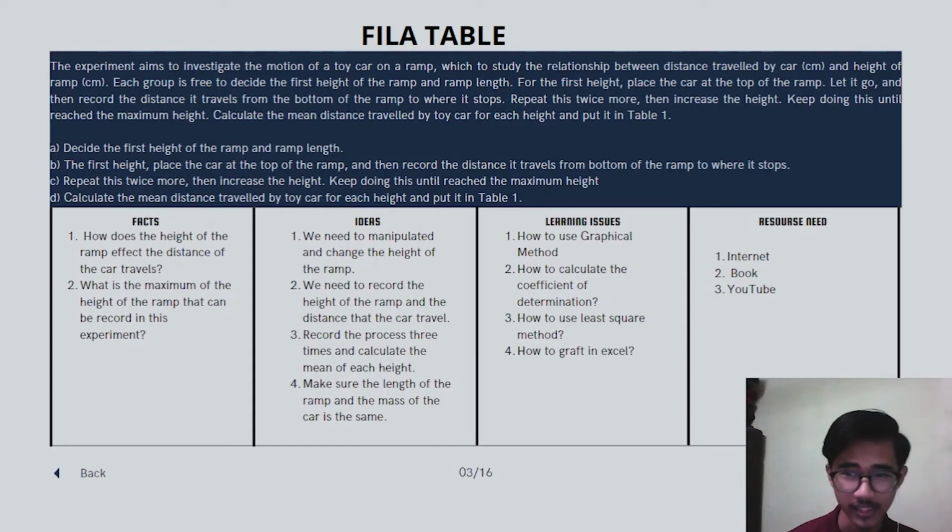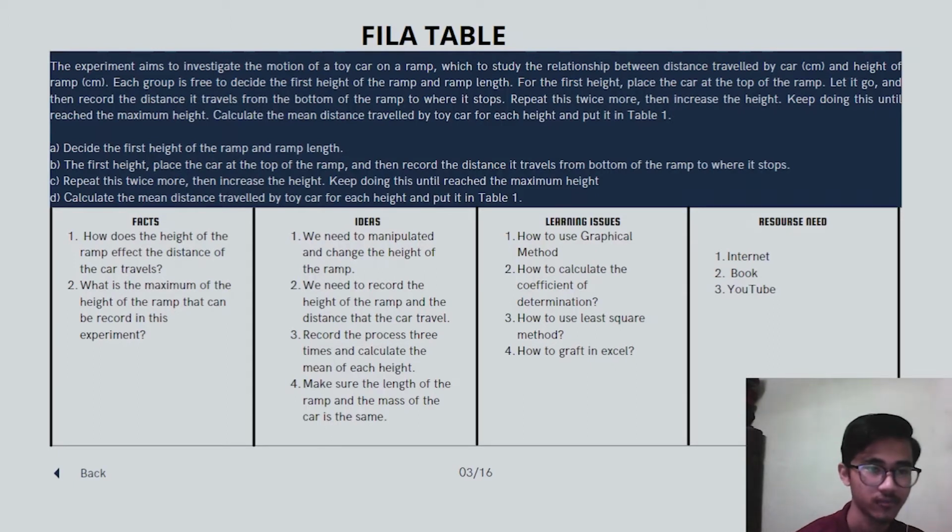For the first height, place the car at the top of the ramp, let it go and then record the distance it travels from the bottom of the ramp to where it stops. Repeat this twice more, then increase the height. Keep doing this until reaching the maximum height and calculate the mean distance travelled by the toy car for each height and put it in table 1.